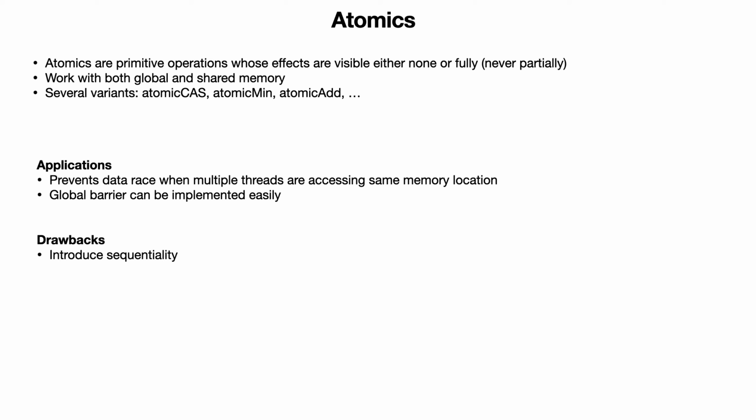But one of the main drawbacks of atomics is that it introduces sequentiality. Let's say we want to find the sum of an array. Now, for finding the sum of the array, if we use atomics, then we would have to do n operations if n is the size of the array, because each addition operation is going to push to some kind of queue.